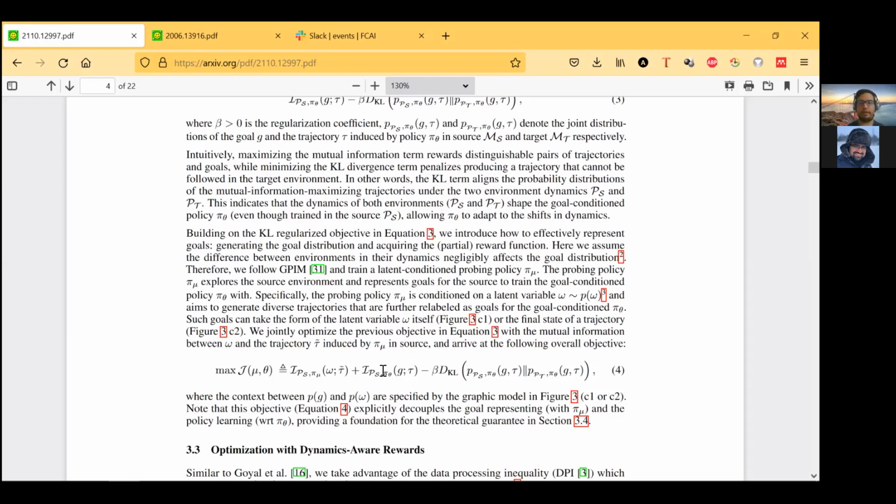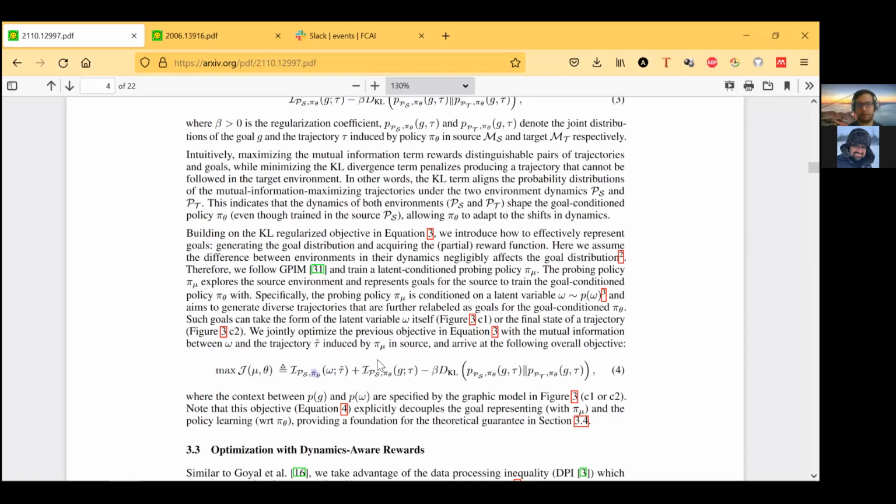And so the distribution omega of goals in the latent space will also induce a distribution in state space through sampling from the policy pi u.